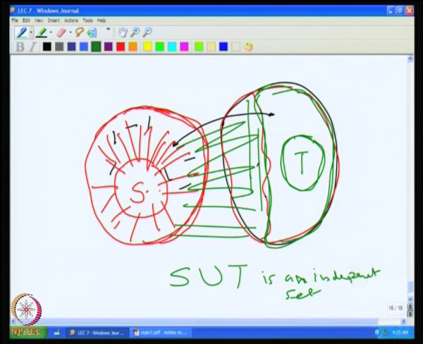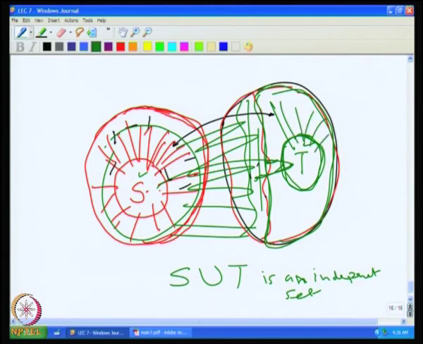Why is it so? Because this is an independent set, and this is an independent set, and there is no edge between this and this. Because in that case, we would have put this vertex here in this group. So, S and T together form an independent set, easy to observe. The next thing we can observe immediately is that S and T together dominate all the vertices, because S dominates all these vertices, while T, because it is a maximal independent set in this part, dominates all the vertices in this part.